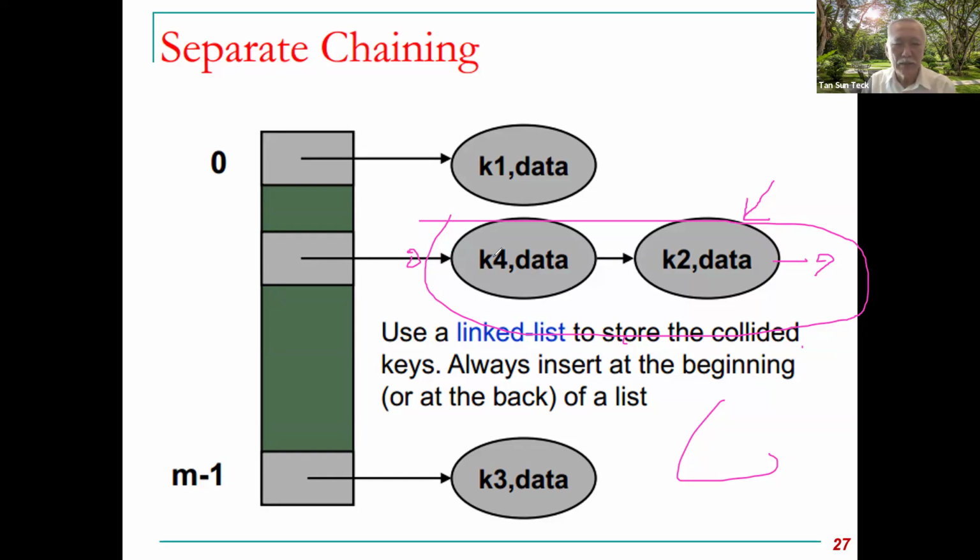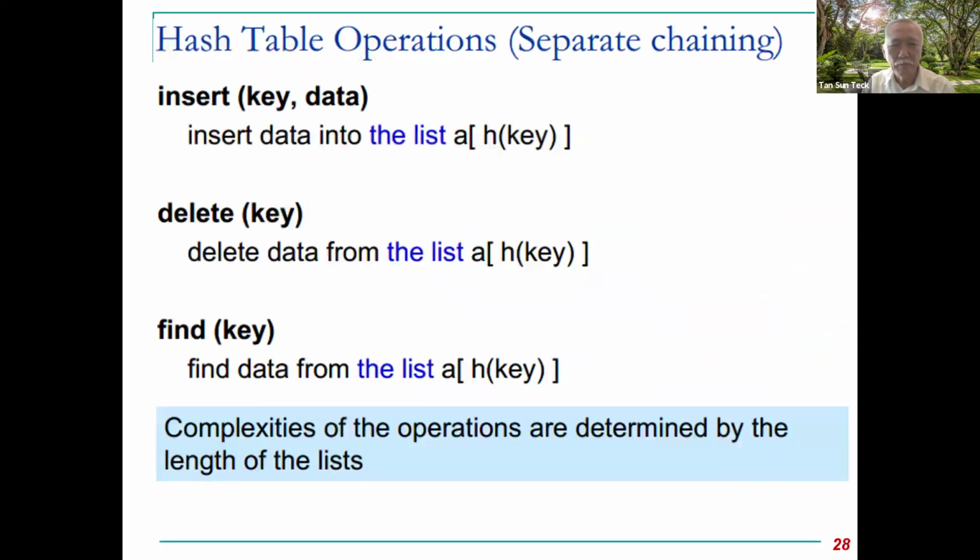Okay, so this is a quite easy and simple collision resolution method. I'm sure everybody can understand. Right, so the hash table operation is simply to insert the key data into this linked list, using this key.